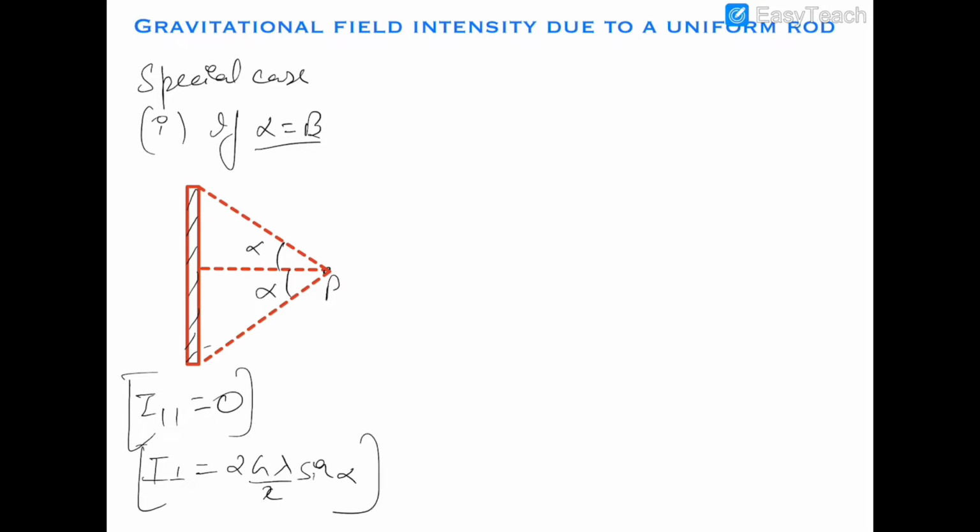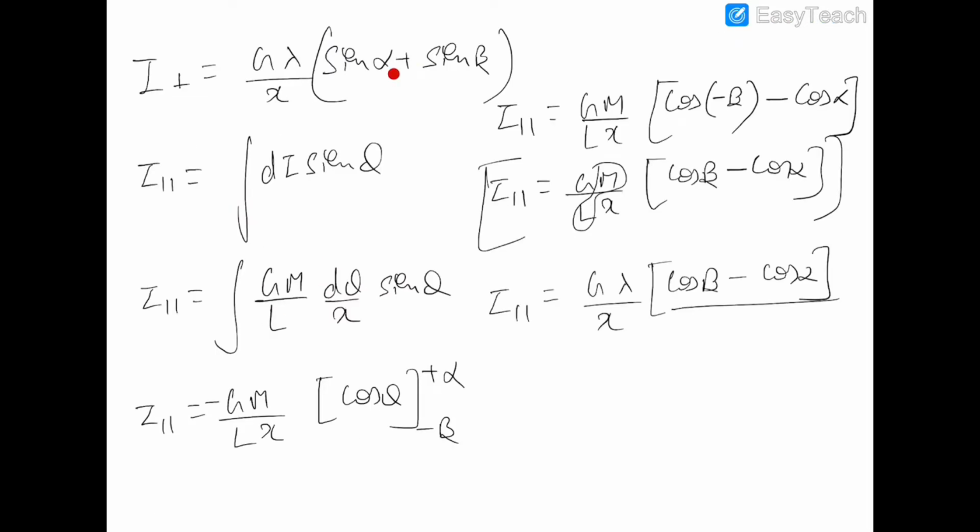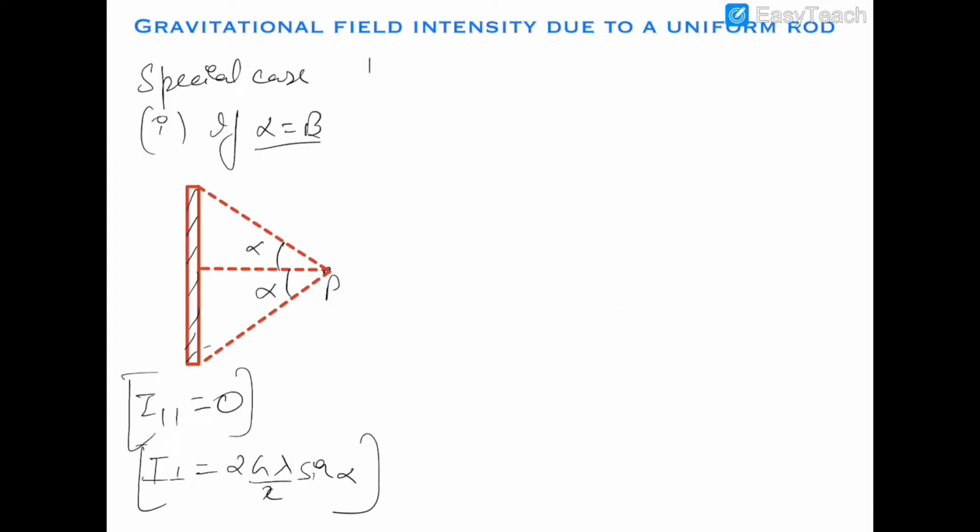We can substitute this value of alpha over here. Now the second special case says that if the length of the wire is infinity from both ends, then you can imagine that this rod, which is of infinite length, will have both angles as 90.